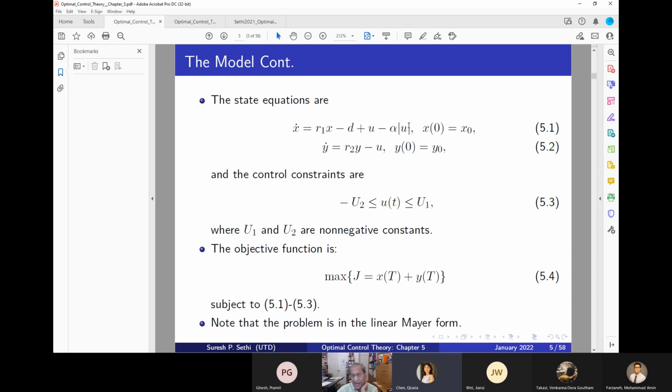If I sell $1,000 of securities, I will pay $10 broker commission. If I buy $1,000 of security, I also pay $10. I use it symmetric. You can use non-symmetric, it's not a big problem. I can do that too, but it's just to make it simple.